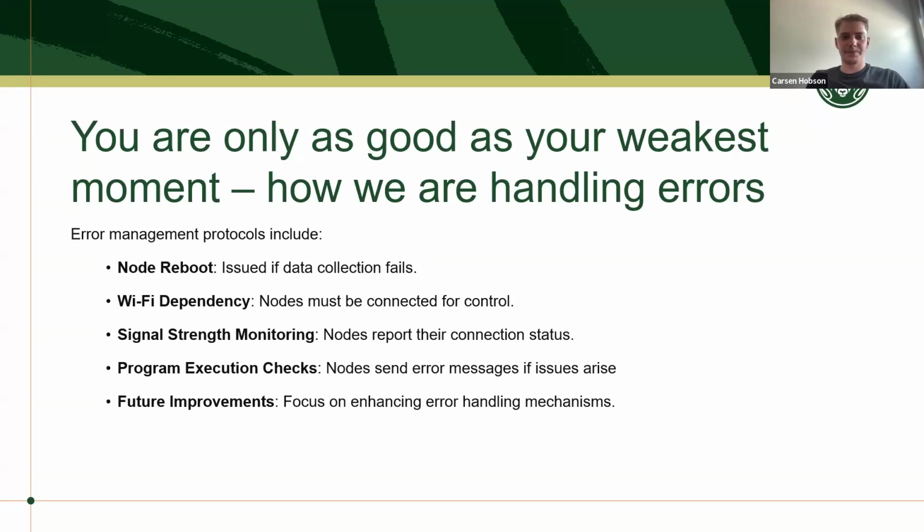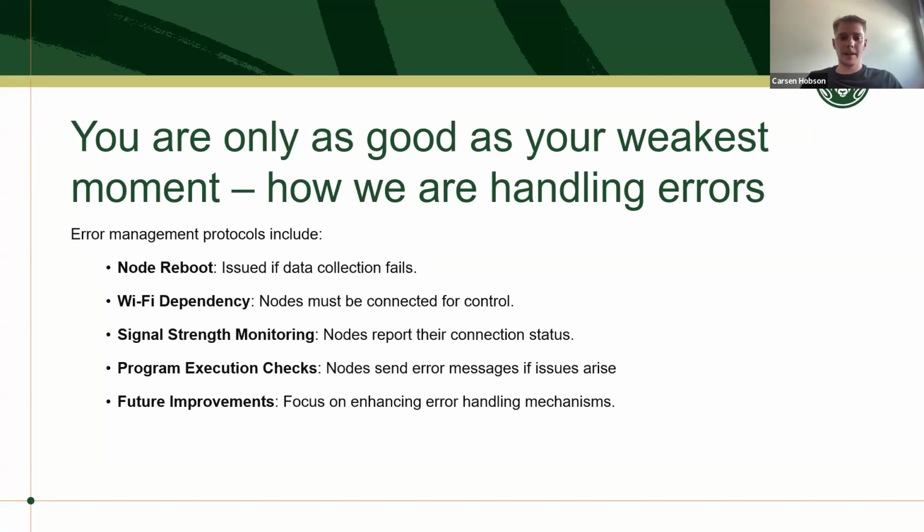The other issue is these nodes have to be connected to the Wi-Fi for that reboot to happen though. So if it is not connected, there's not much else we can do except physically turning the power off and on.